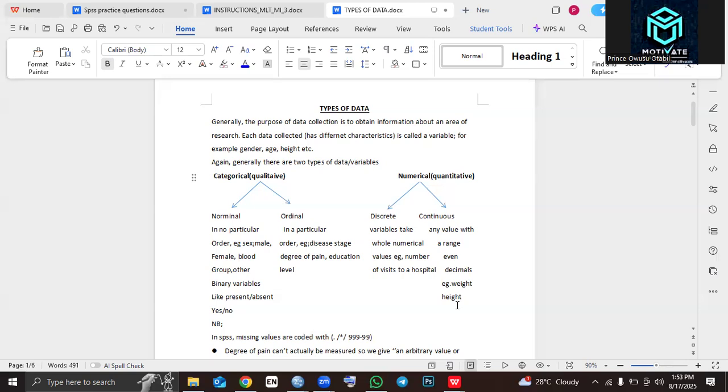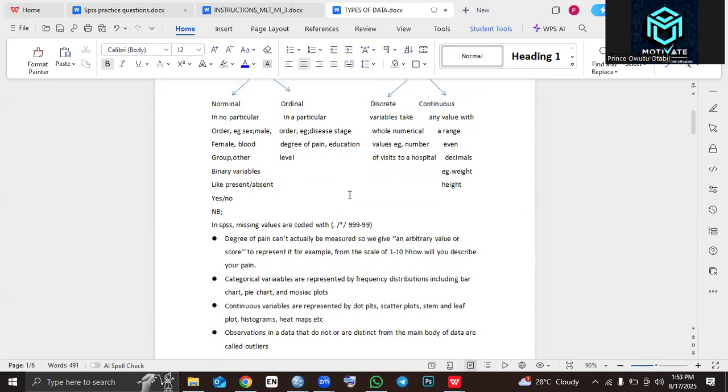All those ones are continuous variables. So what are some examples of continuous variables that we have? We have weight, we have height, and so on and so forth. We also have BMI, just to mention a few. Okay. So these are the two main types of data we have. Please, I hope everybody understands. Categorical and then numerical. Good.